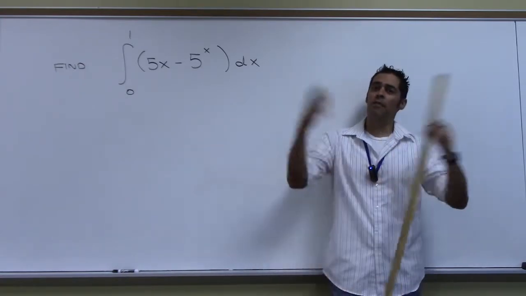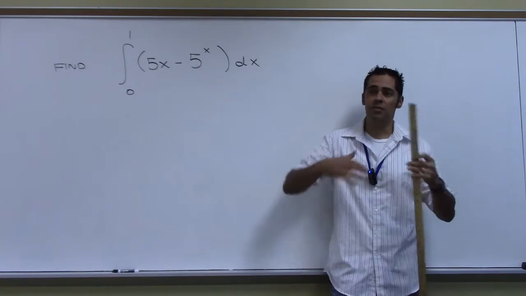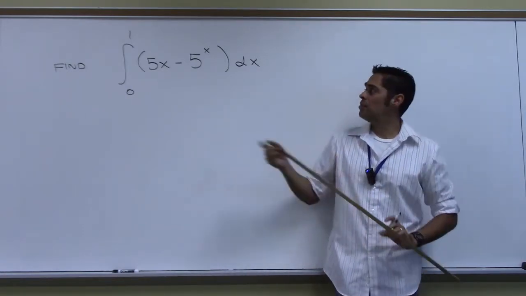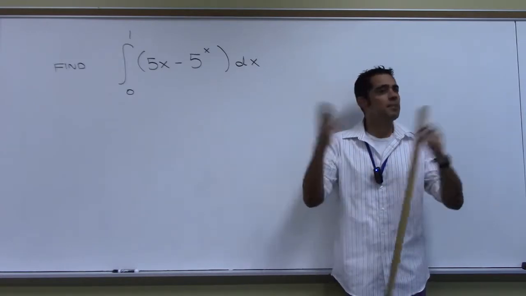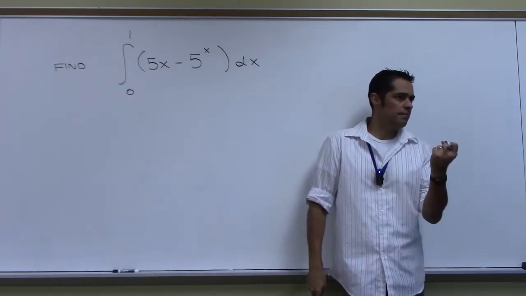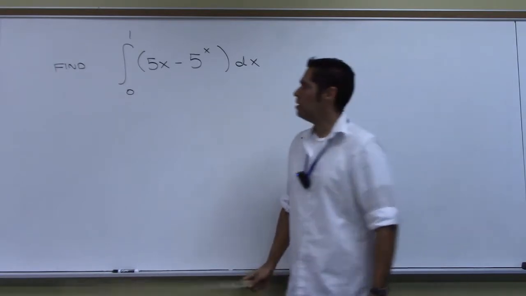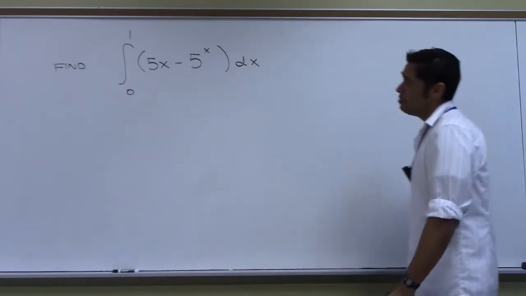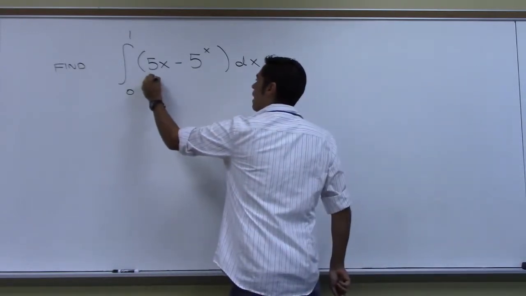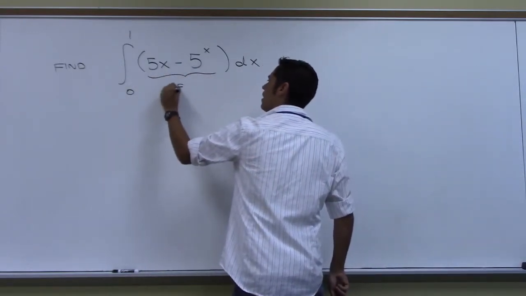Which meant that there was a whole family of functions, infinitely many functions that could qualify to be an antiderivative. But as soon as you put the numbers there, it becomes something completely different. It's a numerical value, and so it's definite. Make sense?